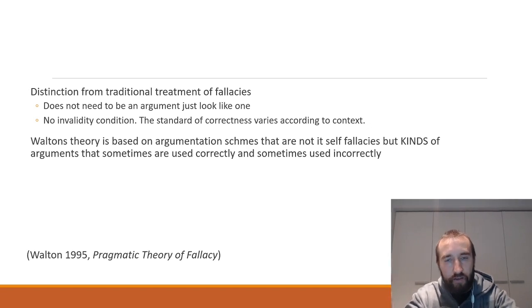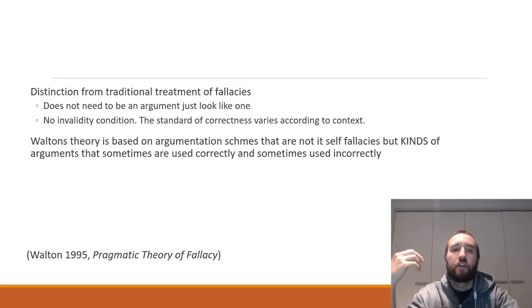This is actually not strictly speaking correct, but I think it's an easier way of putting it. It's about correct. So I would say that there are arguments that have a distinct form that are sometimes used fallaciously, incorrectly, and sometimes they are not.